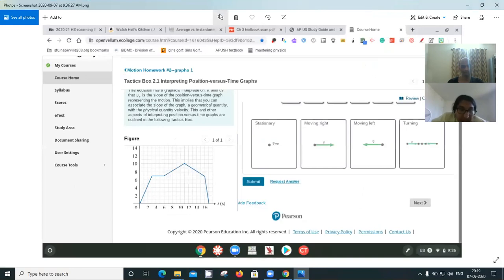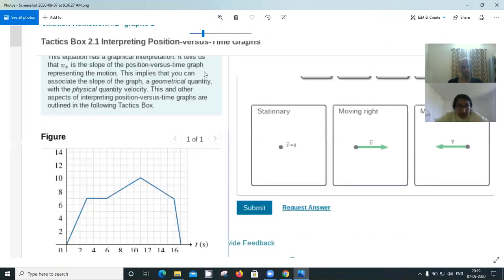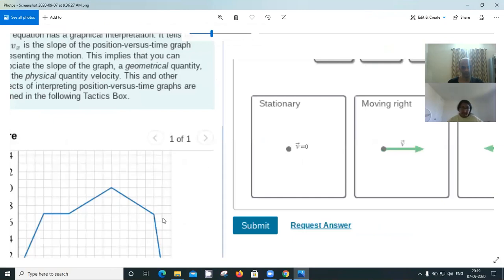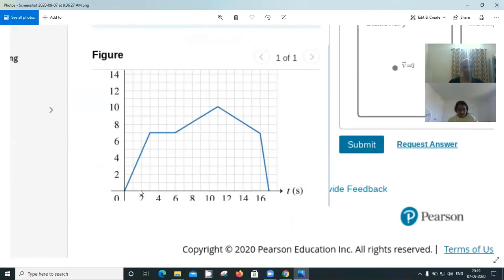That line goes from 0, 0 to 3, 7. So it's going up by 7 in 3 seconds, right? Yes. So 7 by 3. Wouldn't it be 3 by 7 because it's y over x? Yeah, y is 7, right? Yes. It'd be 7 by 3, not 3 by 7.